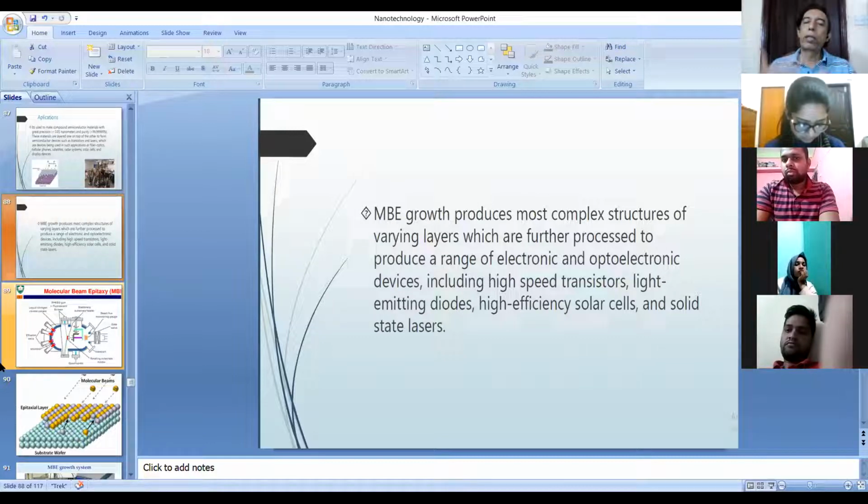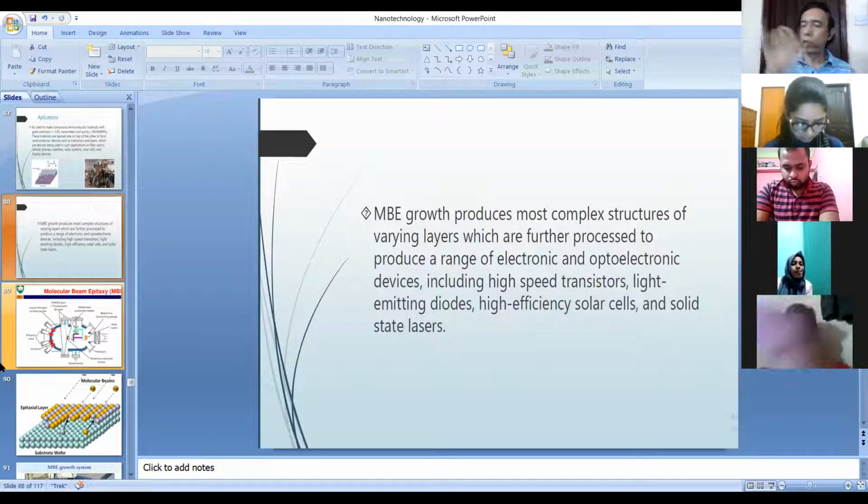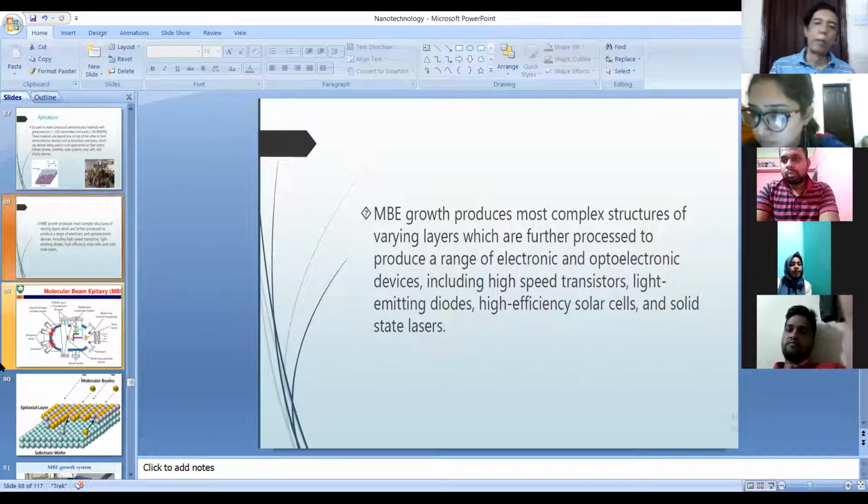There is another growth that is obvious, heteroepitaxial. You can do any type of thin film on a substrate.